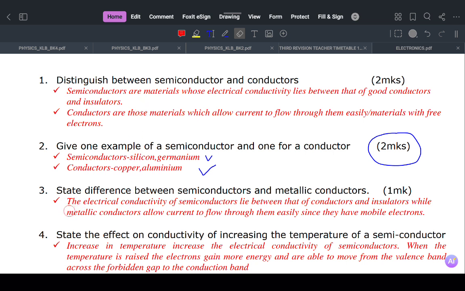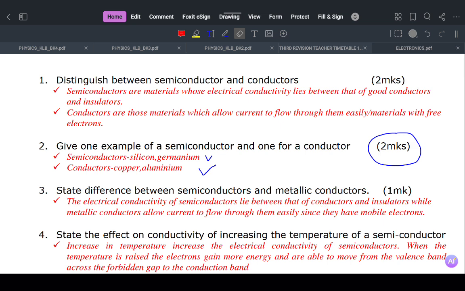So you can say electrical conductivity of semiconductors lies between that of conductors and insulators, while metallic conductors allow current to flow through them easily since they have mobile electrons. Mobile electrons are also called free electrons.